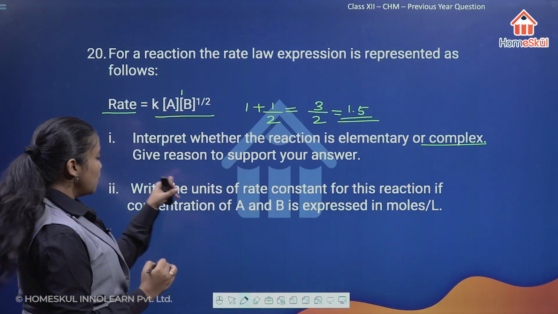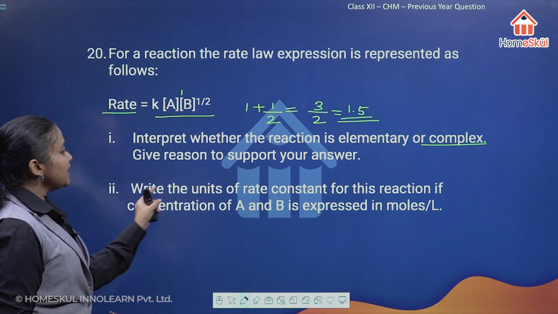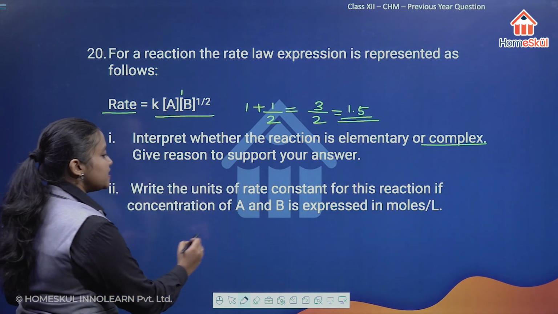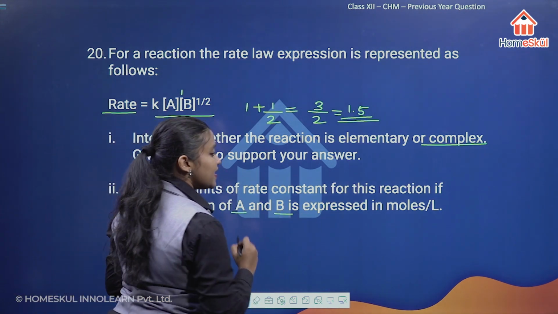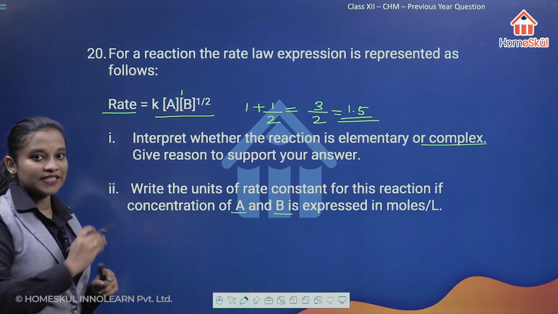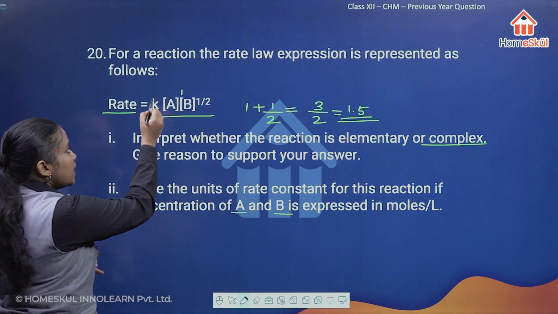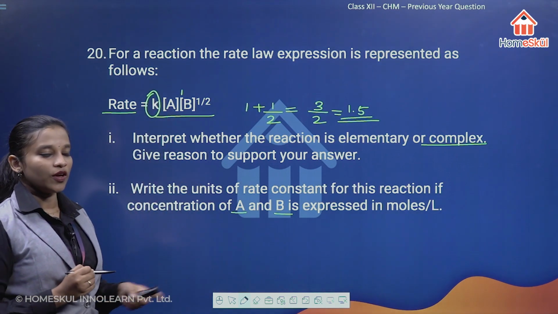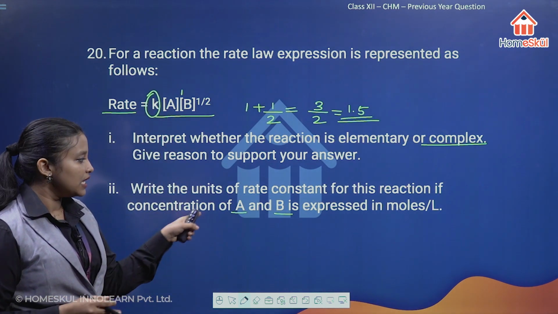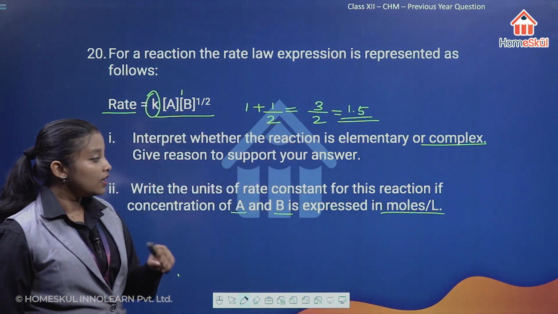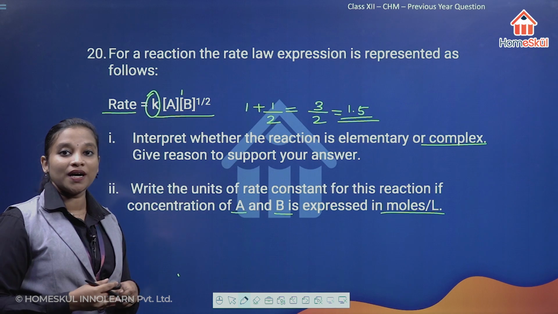Okay. Now, moving on to the next. Write the units of rate constant for this reaction if concentration of A and B is expressed in moles per liter. We have to write the unit of rate constant, that is the unit of k. From this rate expression, the concentration is given in the unit moles per liter.